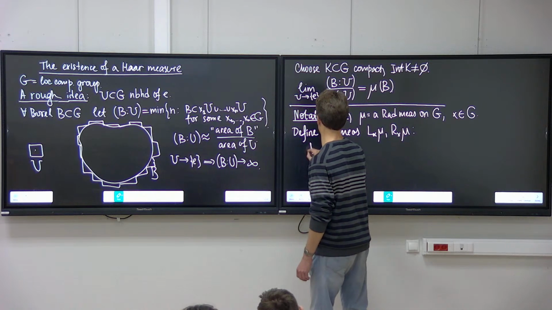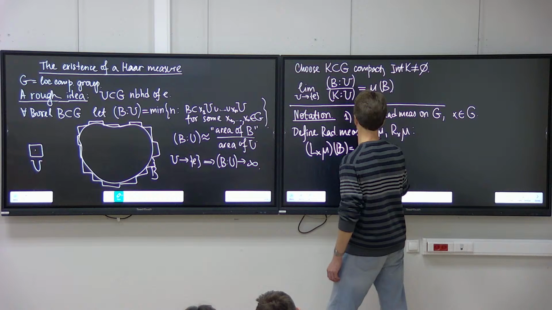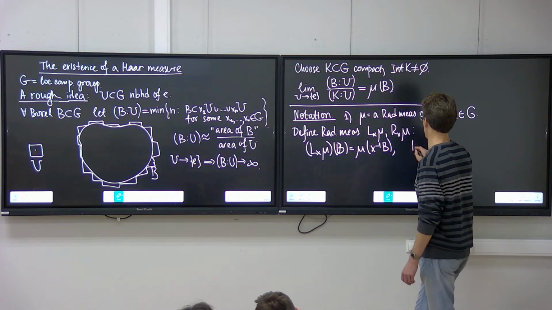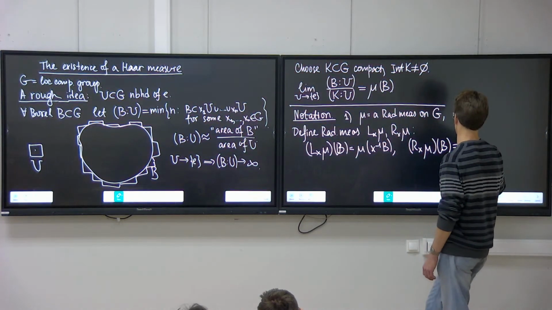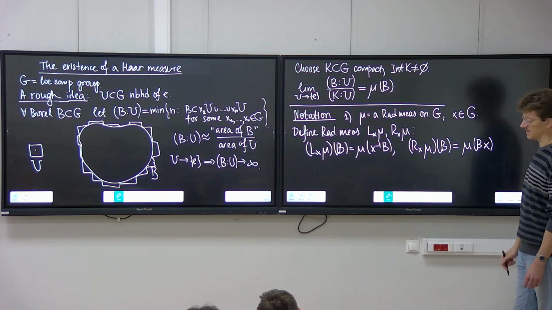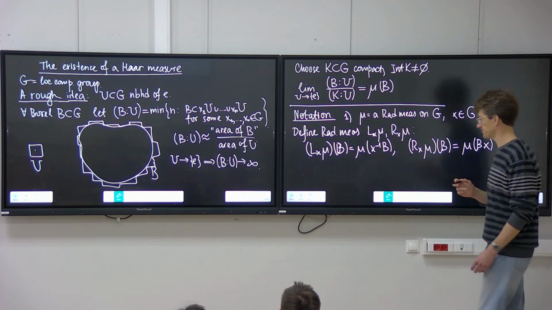Lx mu of B is mu of x inverse B. And similarly, Rx mu is mu of Bx. So Lx mu is the left translate of mu, and Rx mu is the right translate of mu.